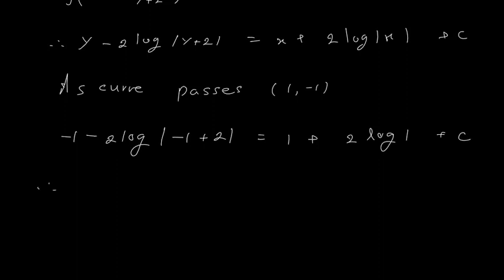So therefore -1, now log 1 is 0, so here it is -1 = 1, and here also log 1 is 0, so 1 + c. So therefore c is equal to -2.